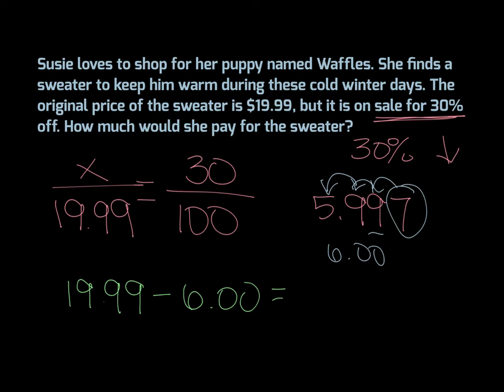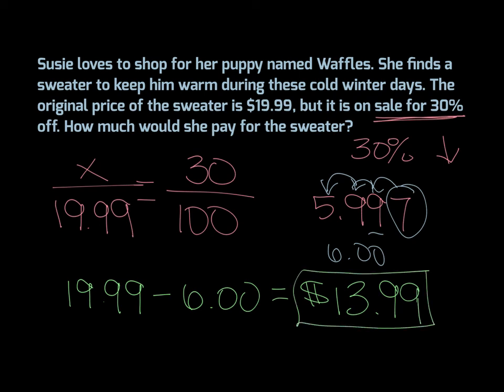When I take $19.99 and I subtract $6, I'm going to end up with $13.99, which makes sense if you think about the situation. Sweater started out at $19.99, 30%, going to make it cheaper. $13.99 seems like a reasonable amount if it's 30% off.